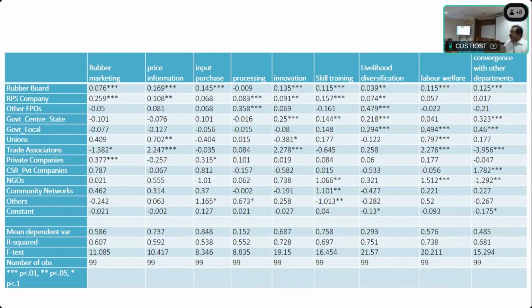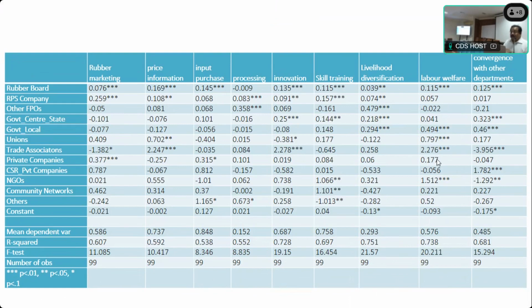If you look at the unions, they were involved in providing price information for the RPS, but were not supportive of innovations. But they were part of labor welfare and were able to provide information with regard to welfare.